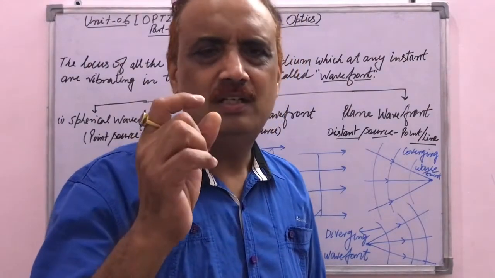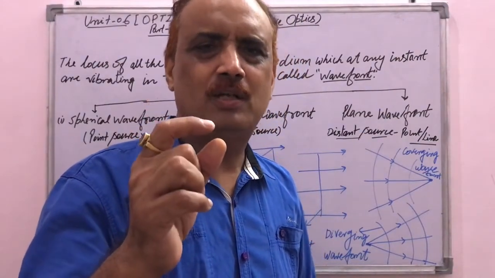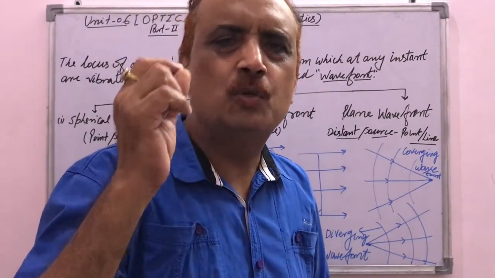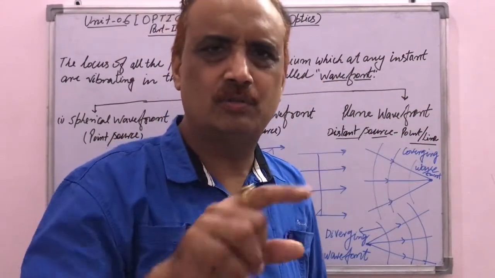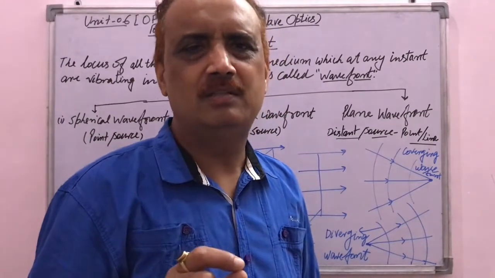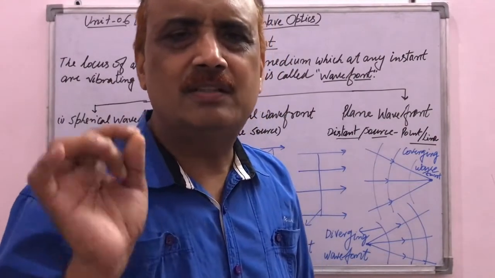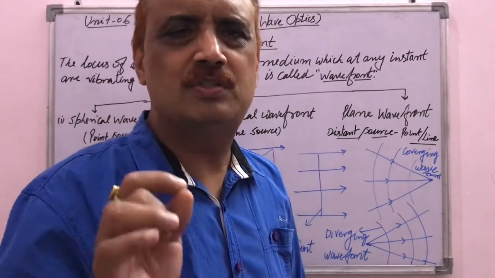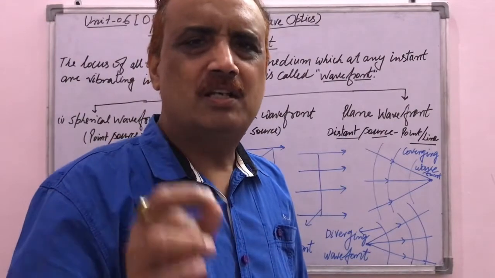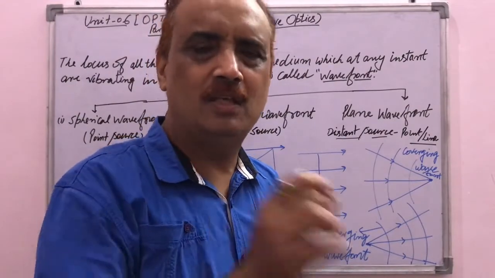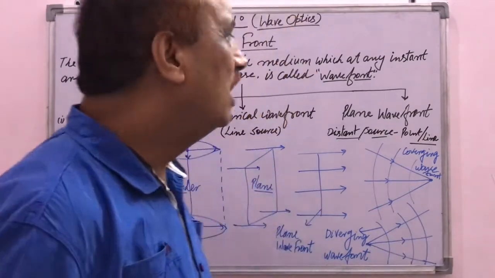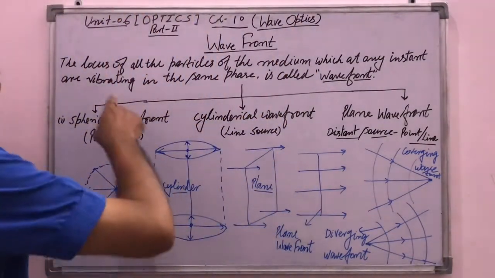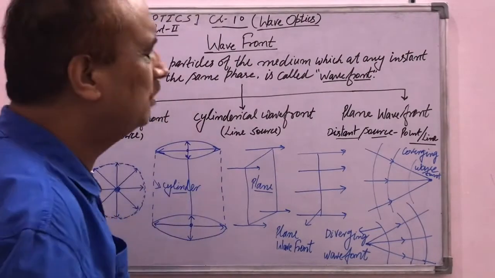So that is the tracing part. You can say it's a constructive part. When we draw on the blackboard or on the copy, that constructive part shows the particles which are in the same phase in the medium, and it is known as wavefront. So this is the explanation, and from the definition point of view, the locus of all the particles of the medium.